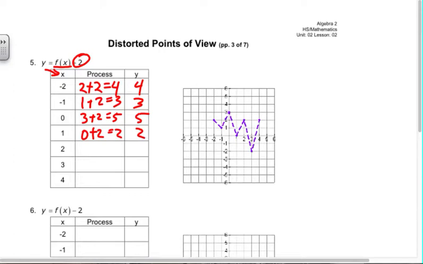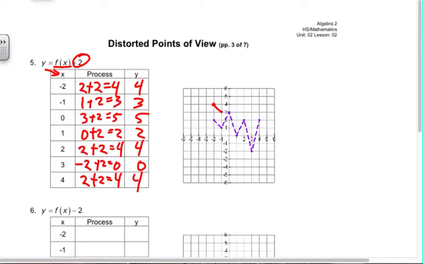F of 2 was 2. F of 3 was -2. And f of 4 was 2, and I add 2 to it. And I'm going to plot these points up. So I've got a -2, 4. I'm going to have a -1, 3.